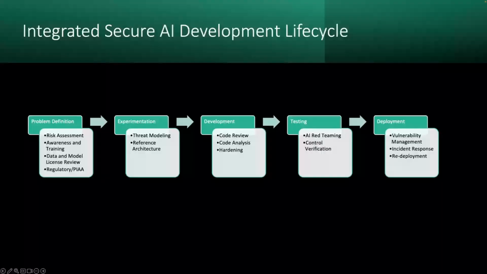And if I had to go back to our previous diagram where we had the software development lifecycle and the activities of the security teams mapped out, this is the equivalent for the AI development lifecycle, where we have problem definition. Notice how we're bringing in data and model license review early on in this phase, because it is important to map risk according to the kinds of data that is being used, and some of the model licensing, because open source models are all the rage now.